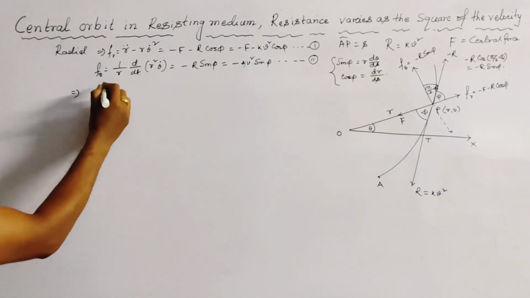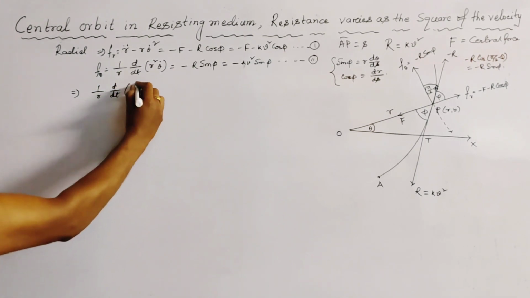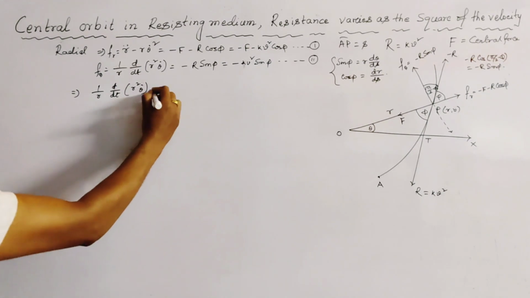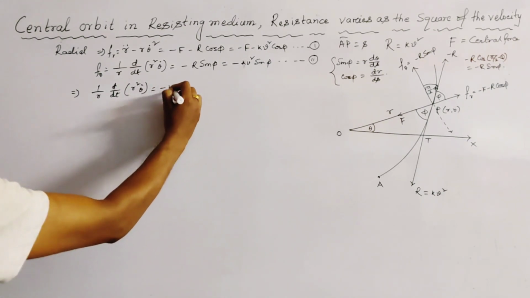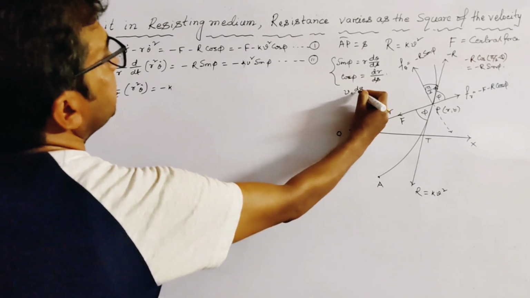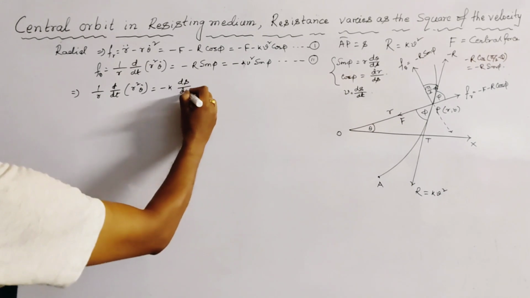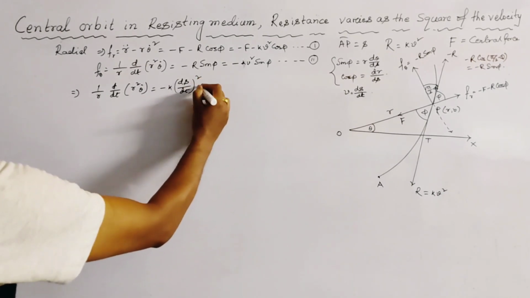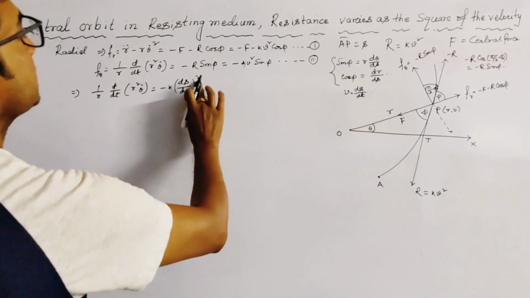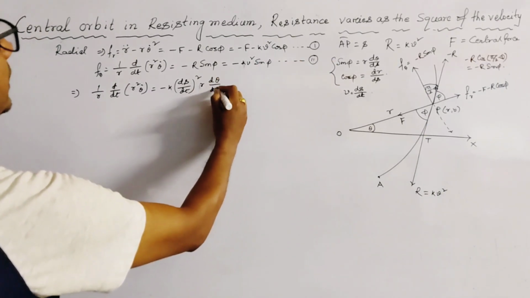We get 1 by r d/dt of r square theta dot equal to minus k into v. V means ds/dt, so (ds/dt) whole square into sin phi, that is r d theta by ds.